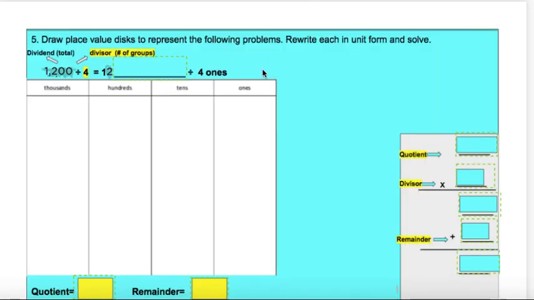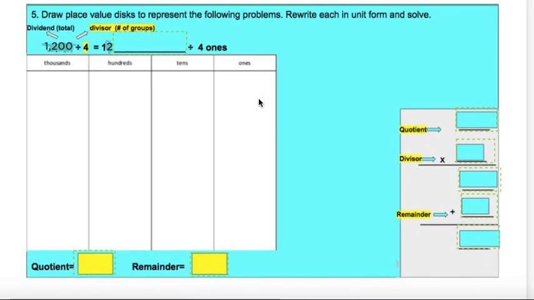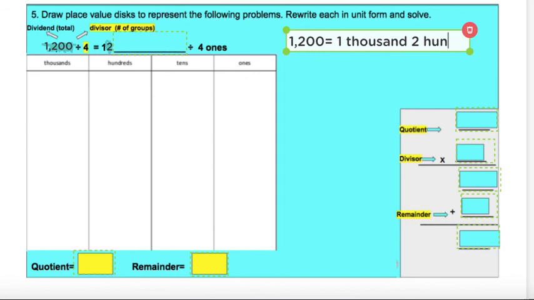All right, friends. I want you guys to do this one on your own. Then when you're done, you can unpause the video to see if you got the same answer as Miss Turner. All right, here we go. My number was 1,200. So that means that I have 1,000 and I have 200s in this number.